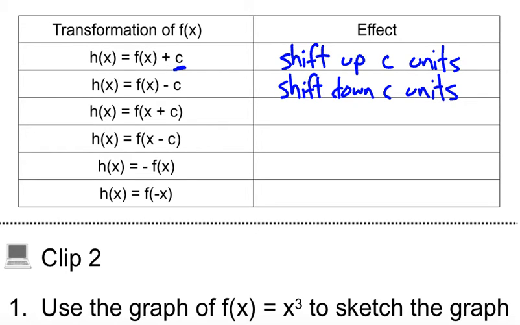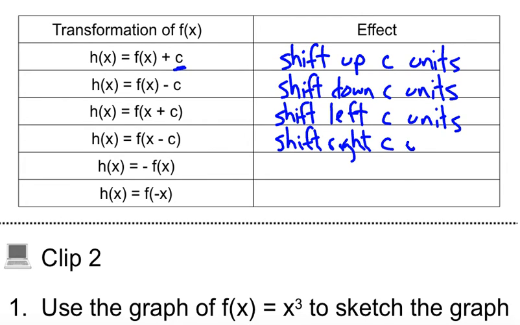If we add c on the inside of parentheses, remember this is the opposite, so this is going to shift left. Remember, this one's opposite of what we normally think, c units. And if we subtract c, that's going to shift right, c units.